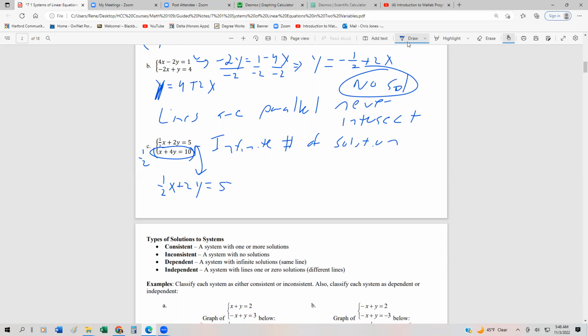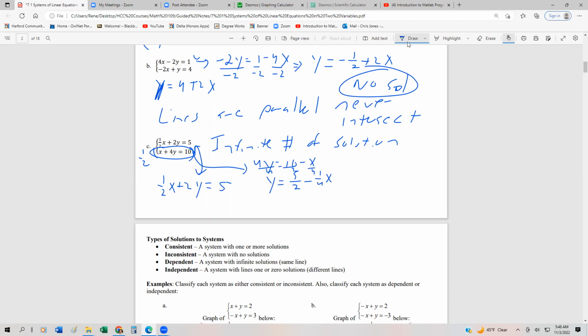So what we say is that there's an infinite number of solutions, and we would solve the equation for x or for y. Let me solve this equation for y. You'd have 4y equals 10 minus x, and dividing by 4, y equals 5/2 minus 1/4 x.